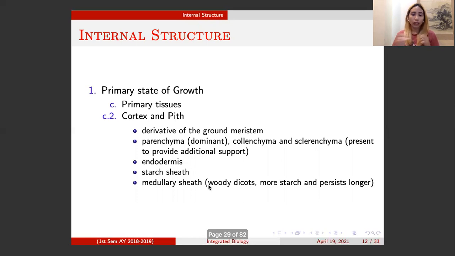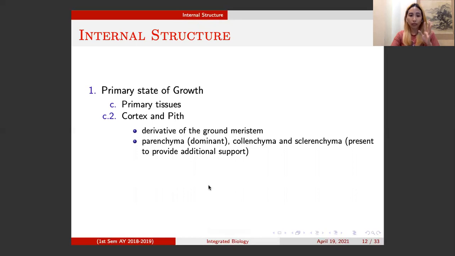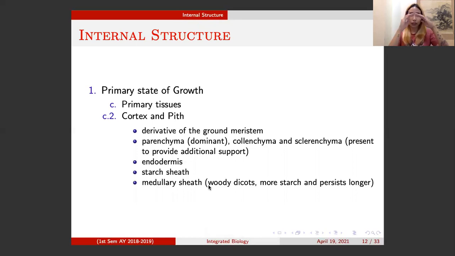So, the cortex and pith. Now, in lower vascular plants, right after the epidermis, you will notice a second layer which is derived from the ground meristem. So basically, this is a ground tissue.